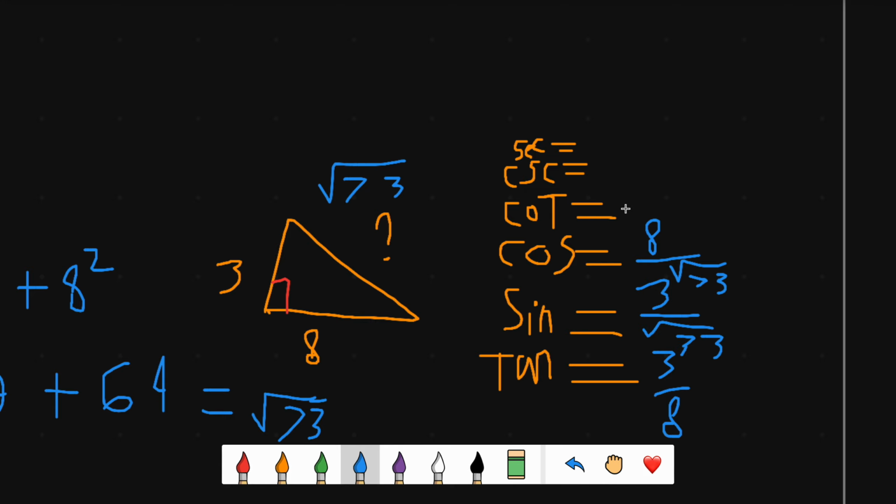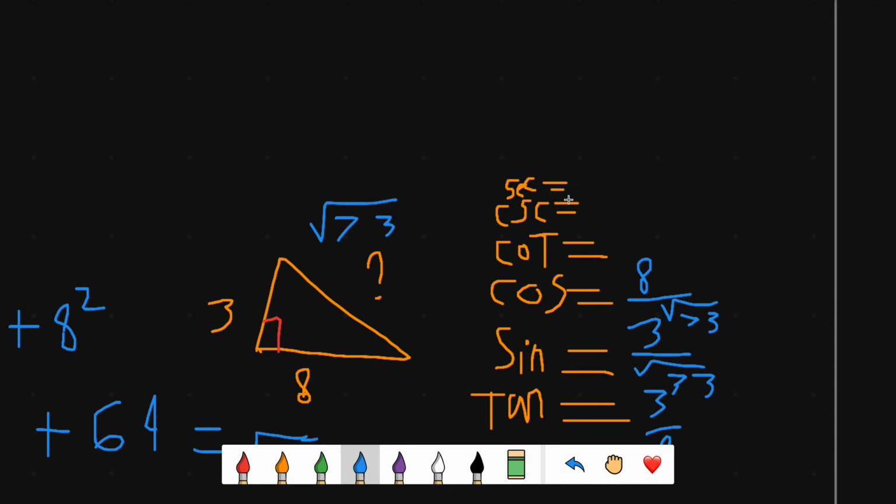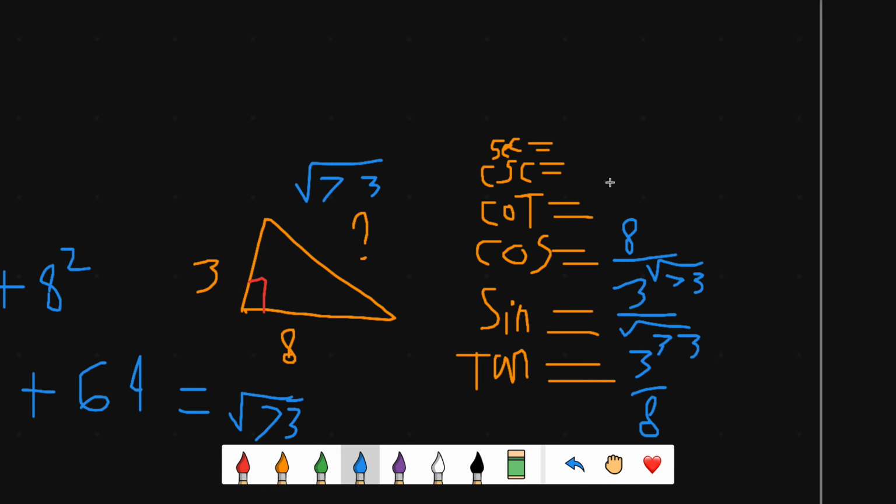Realizing all this, you see cotangent. It'll be 8 over 3, because cotangent is the reciprocal of tangent.